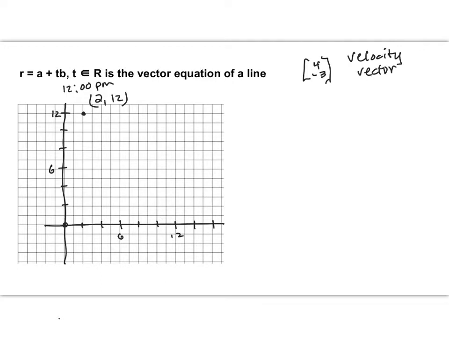So how fast is it traveling? Well, it is 4 squared plus 3 squared, so it's traveling 5, we'll go with kilometers per hour.